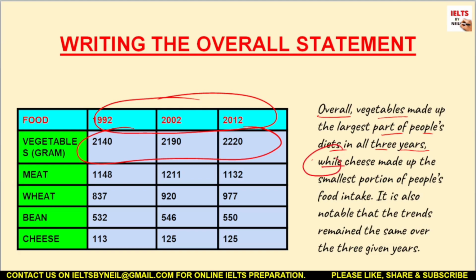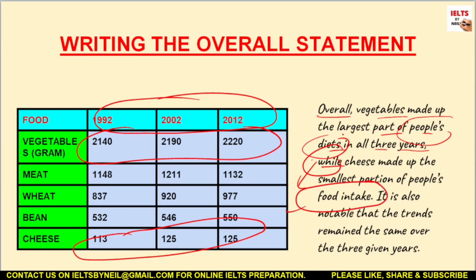While it's a contrast word we have used, cheese made up, we can use however or whereas, cheese made up the smallest portion of people's food intake. Cheese the smallest. I have used people's diet and food intake here. I've not used the same words because repetition of words and information is never appreciated in IELTS. So just be careful with this.